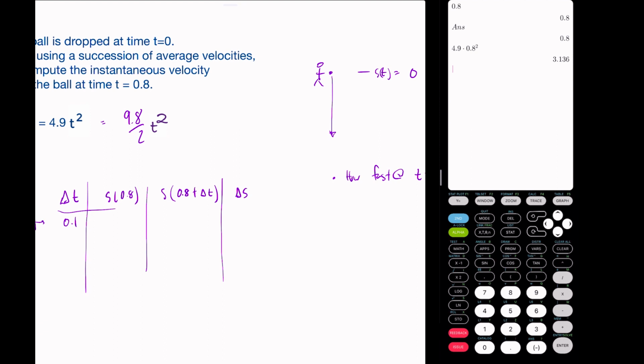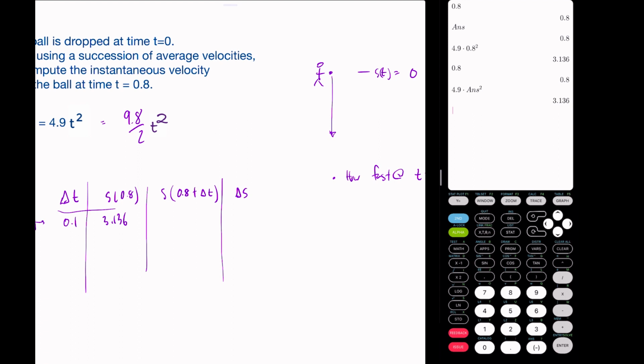There's a faster way to do it, and that's using the ANS trick. So I'm going to go 0.8, enter, 4.9 times ANS squared, enter. And I get the same value, 3.136. So I'll enter that into my table.